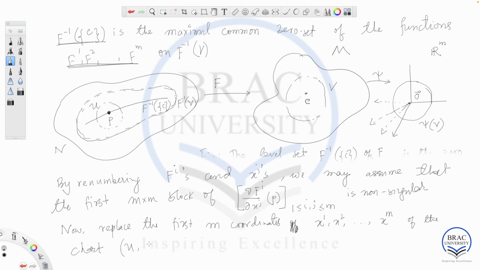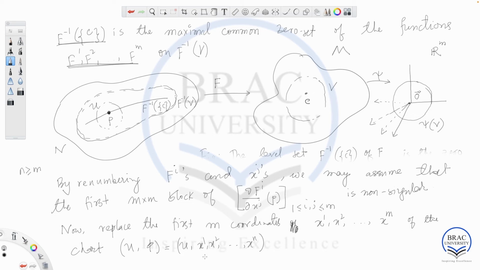Remember the chart U comma phi, which was U comma x1, x2, all the way up to xn. And we have seen earlier that n is greater than or equal to m.